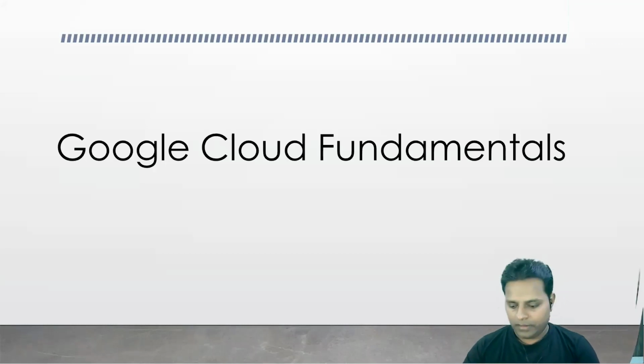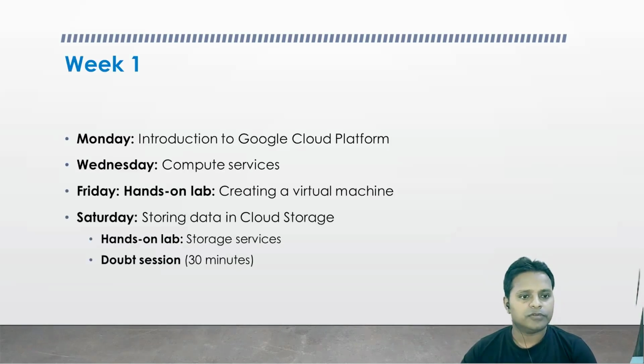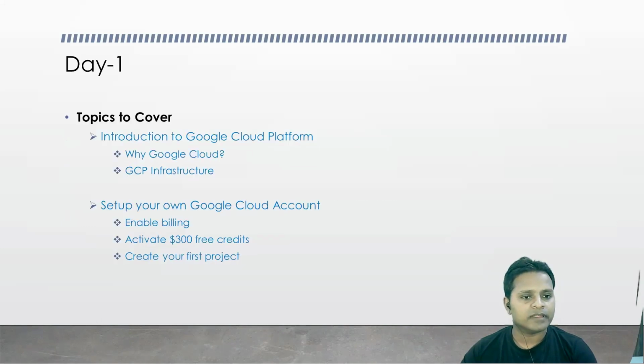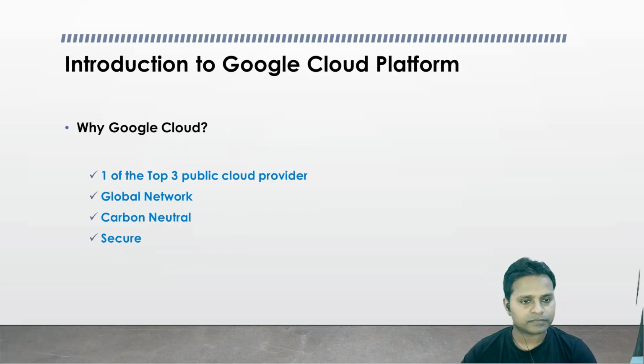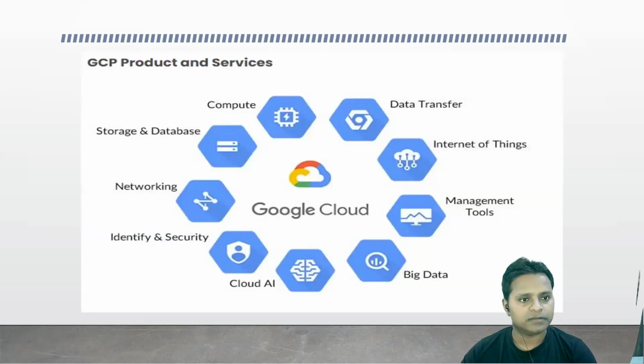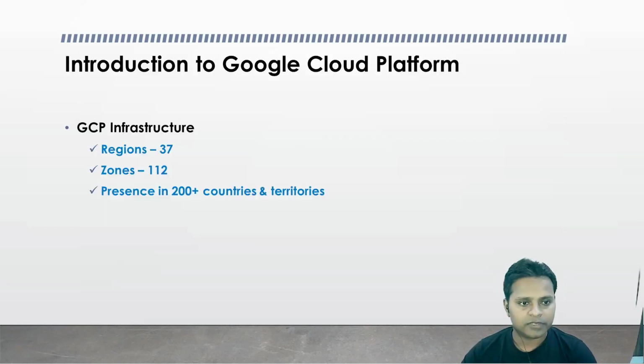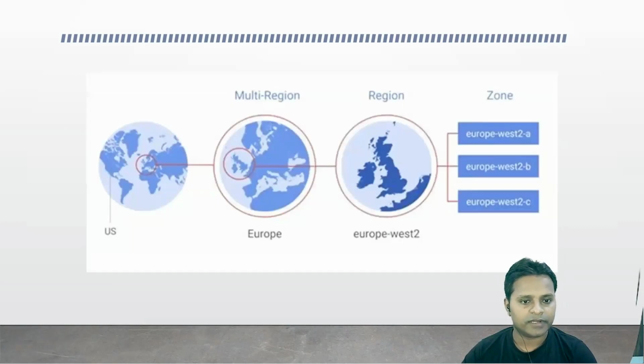Okay. So let's have a quick recap before we move forward. In our last session, we discussed the fundamentals and introduction of Google Cloud and the infrastructure. We enabled the billing and activated our $300 free credits, and you all have seen your own first project. These are the points that we discussed: the high-level products and services on GCP, and multiple regions and zones, how they are defined and what they mean.